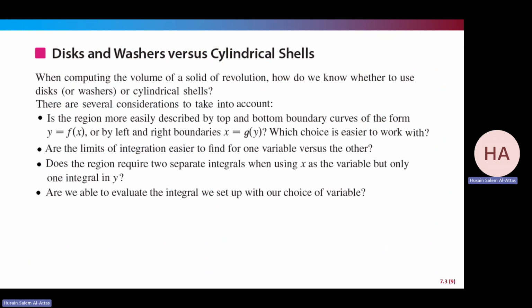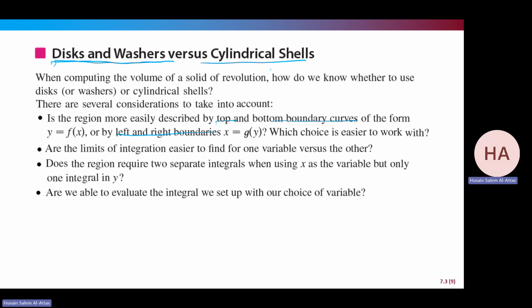Let me now talk about which method to use, the disk or the shell. No computing, but we have to consider the following. Is the region more easily described by top and bottom boundary curves or left and right boundaries? So in terms of y or in terms of x. Because for the disk, the line will be perpendicular to the axis of revolution.